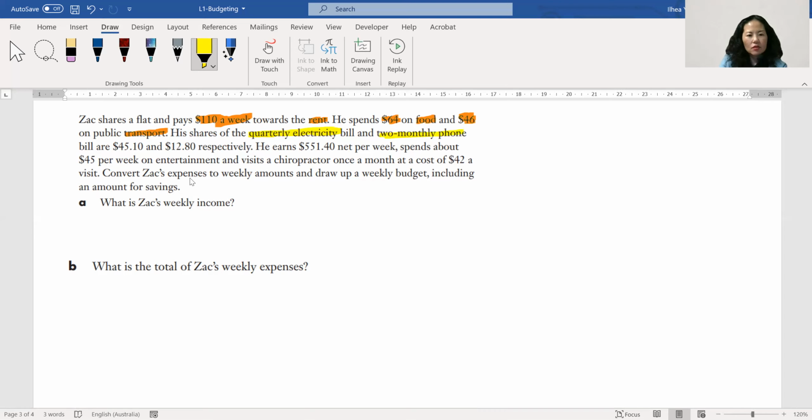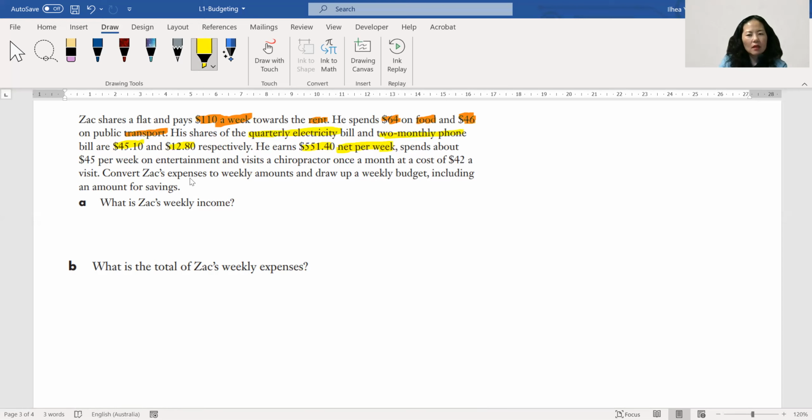So $45.10 is electricity and $12.80 is the phone bill. And then $551.41 net per week. That's how much Zach earns per week.